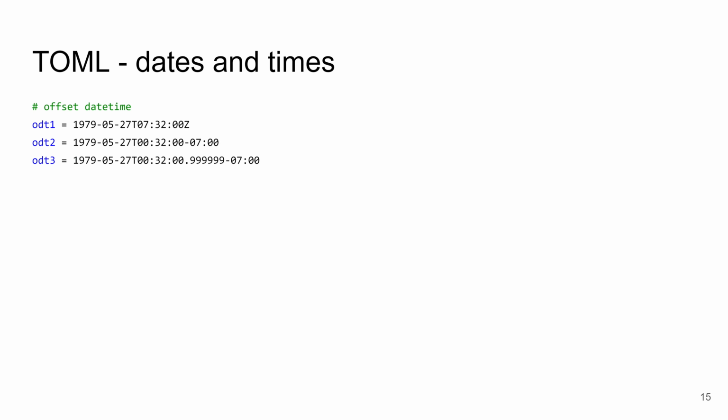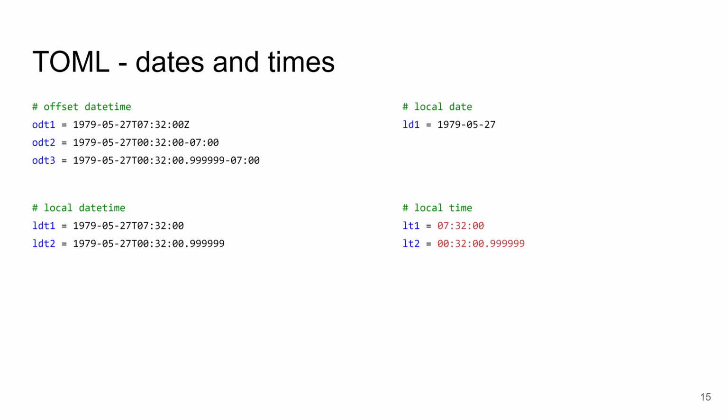But there is a difference in terminology in TOML, because TOML distinguishes between offset datetime, which includes the time zone offset, and local datetime, which does not include the time zone offset. And of course, there is support for just the date without the time and just the time without the date. In those cases, those are the local date and local time.